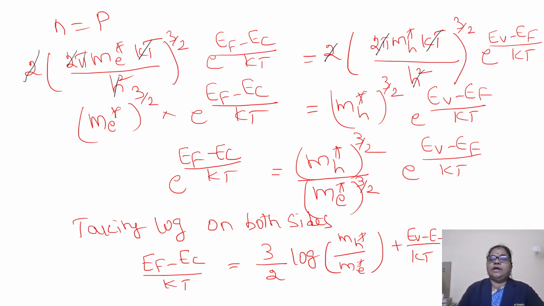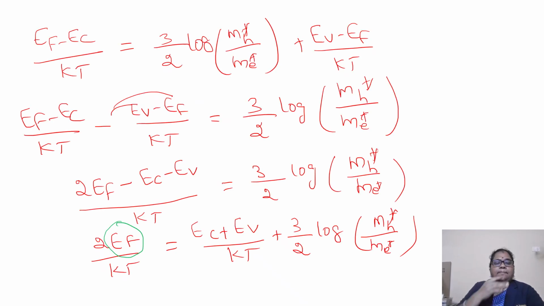So we can rearrange these terms. So what is that expression? According to this slide, we have the term (EF - EC)/kT is equal to 3/2 log of m_h* by m_e* plus (EV - EF)/kT, because we are taking log on both sides.